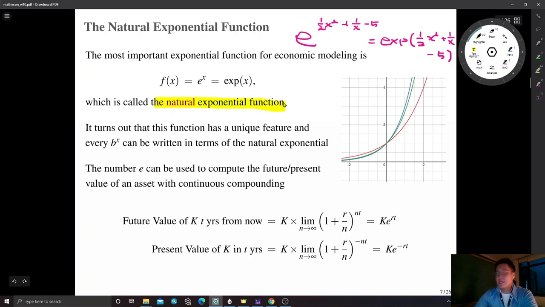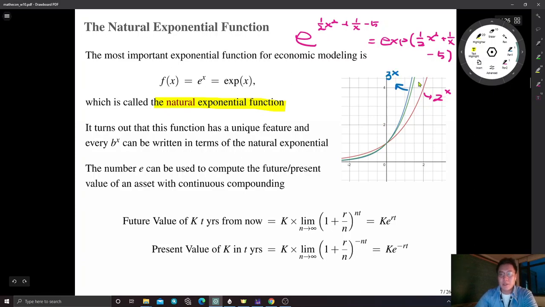Because e is some number between 2 and 3, so 2.78, the graph of this function lies between 2 to the power x and 3 to the power x.